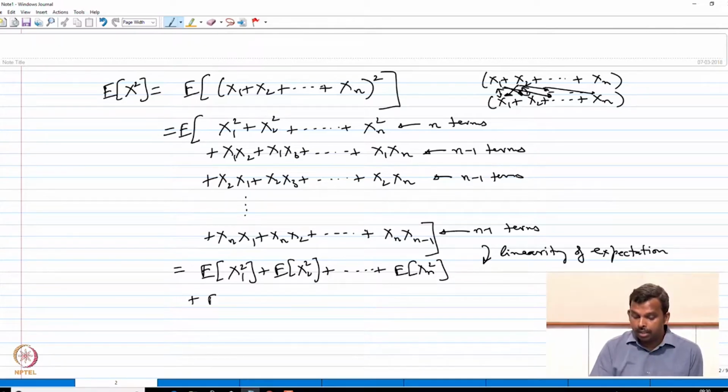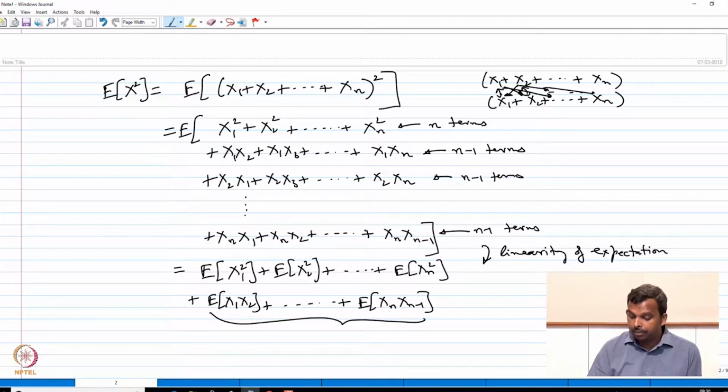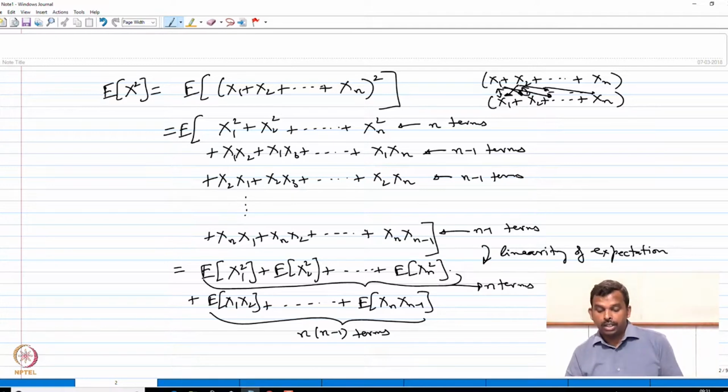Then you have all these terms x1 x2 plus dot dot dot, all the way down to the last term, which is xn xn minus 1. How many such terms do I have? Here I have n terms. Here I have n times n minus 1 terms. All of them together I can group, and I used linearity of expectation.